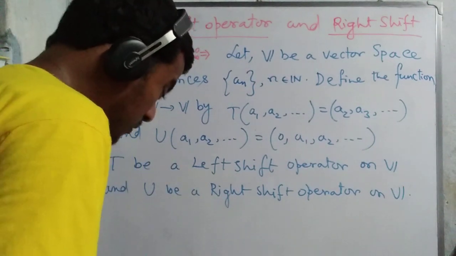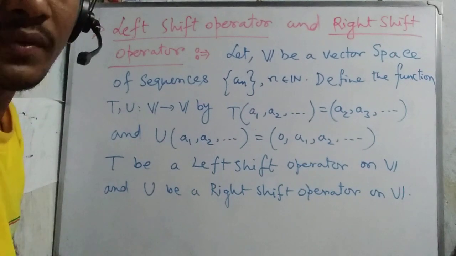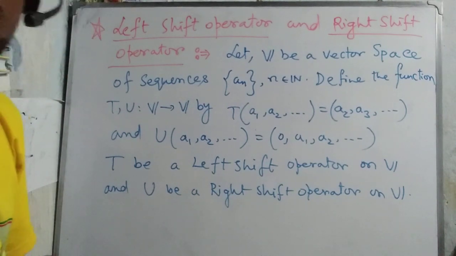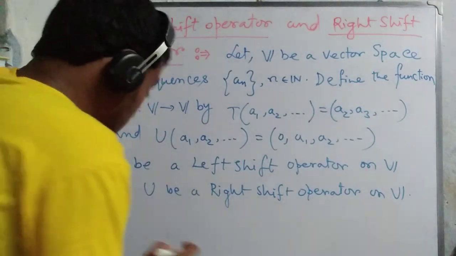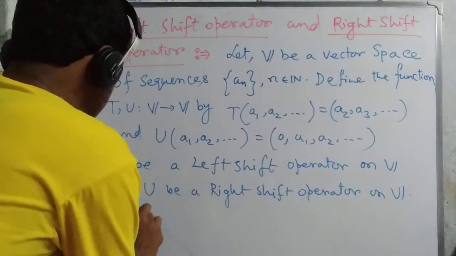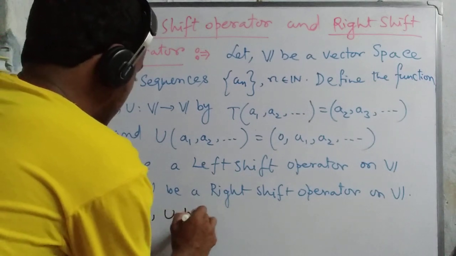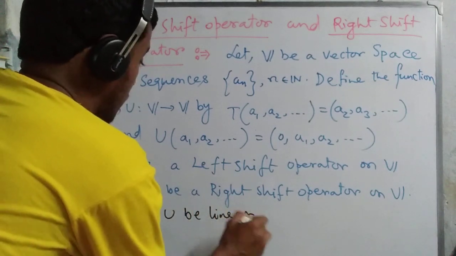We also know that these following properties are satisfied by the left shift and right shift operators. We mark with a star: T, U are linear.